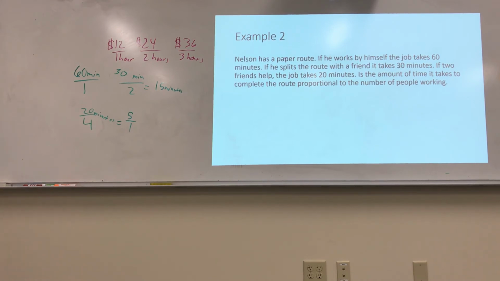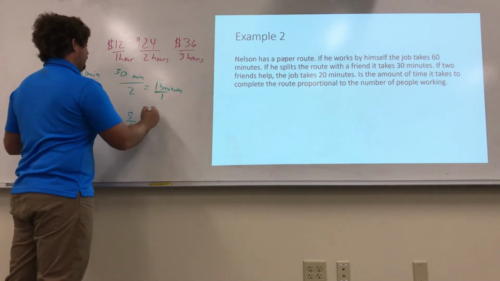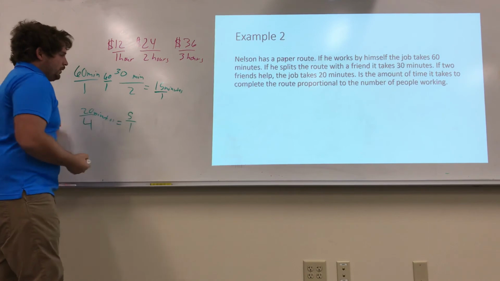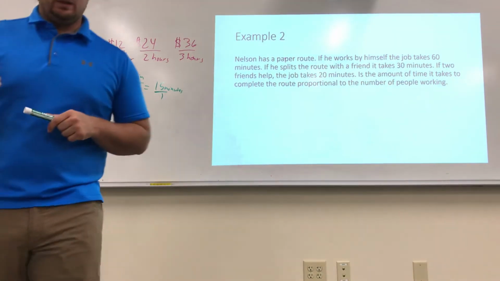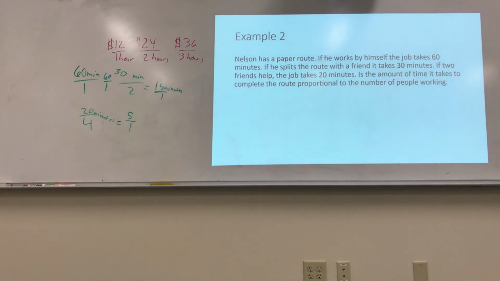So none of those are proportional. This is 1 over 15, this is 60 over 1, this is 5 over 1. The last one really gave it away for me.